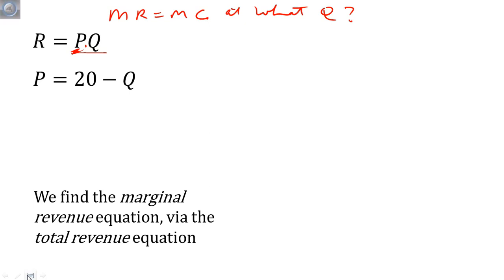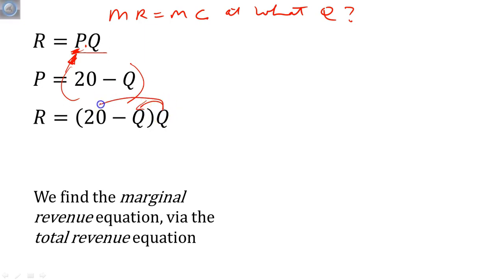So we can substitute this into the price part of the total revenue equation, like this. And then we can expand the brackets, multiplied by Q, to give us this: 20Q minus Q times Q is Q squared. So total revenue can be rewritten like this. Alright, so far so good.